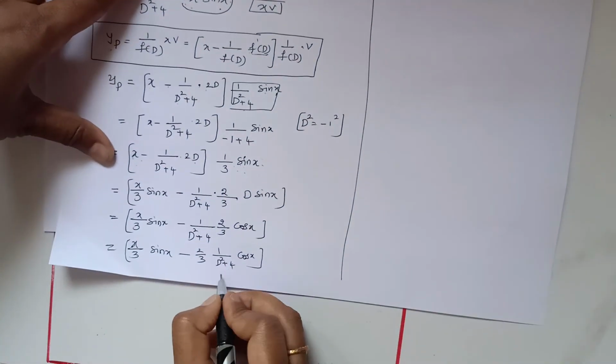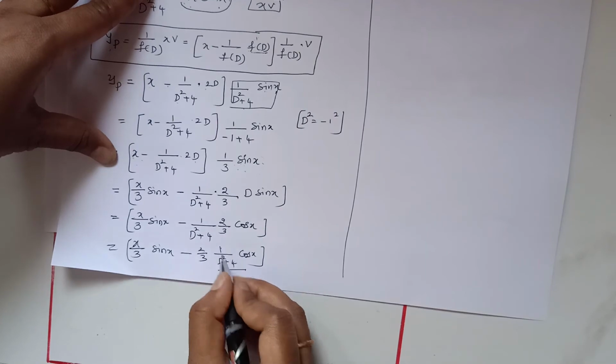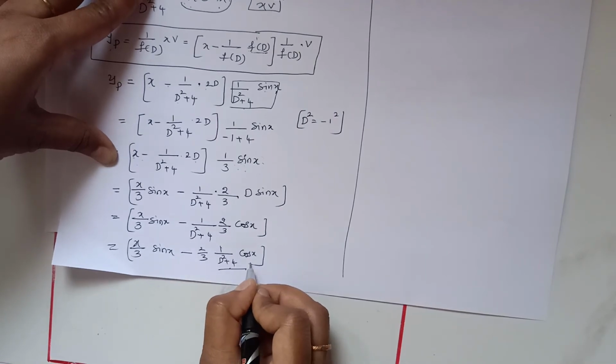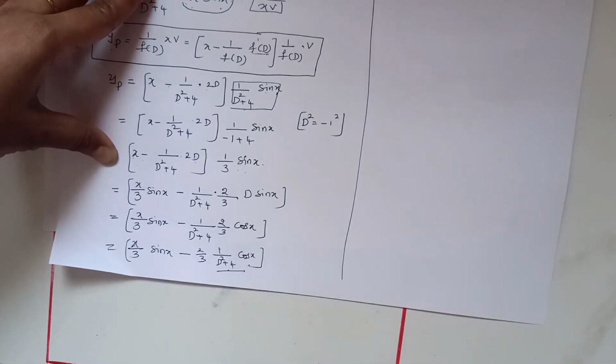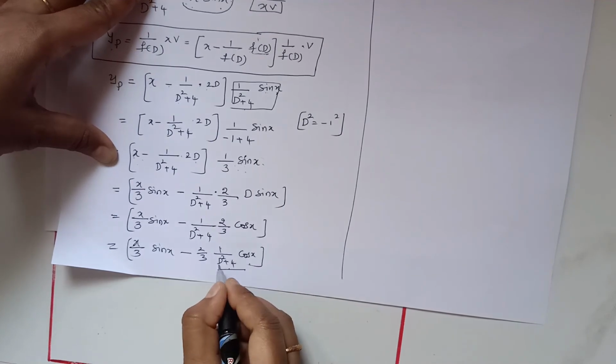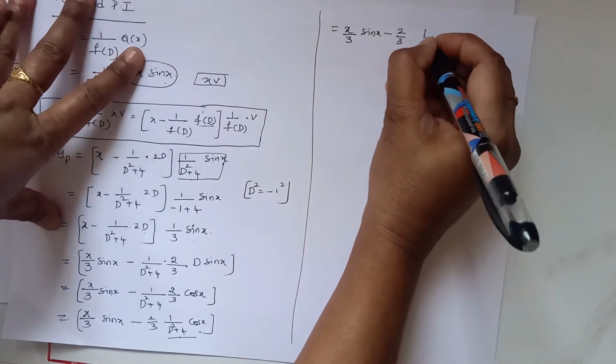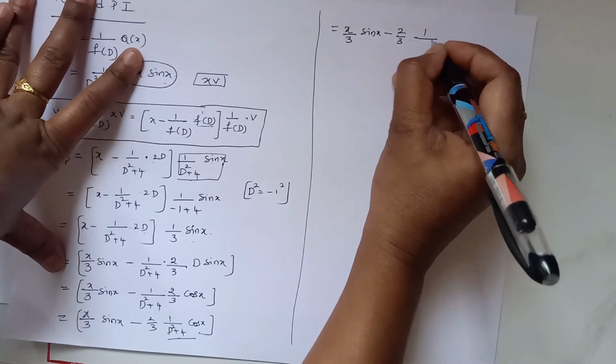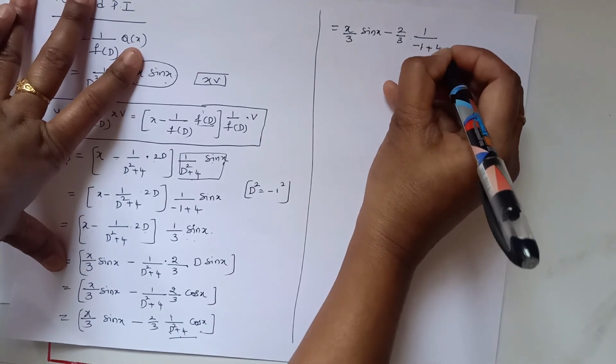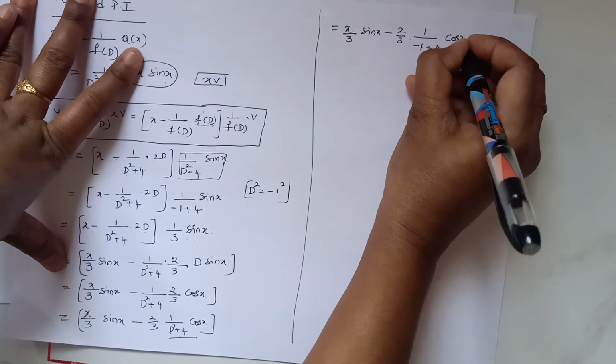Look at this term. Again it is in the form of 1 by f of d into cos ax, where a is equal to 1. You need to substitute d square as minus a square. So minus 2 by 3, 1 by minus 1 plus 4 into cos x.